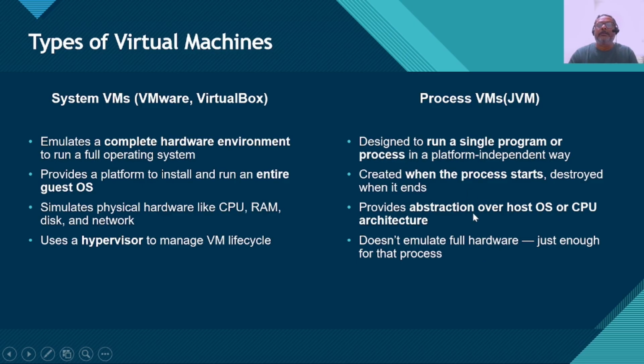So when we are working with the process VM, only the required resources are emulated and simulated, and a copy of that is available to the process. And through scheduling, different processes are scheduled under each user.